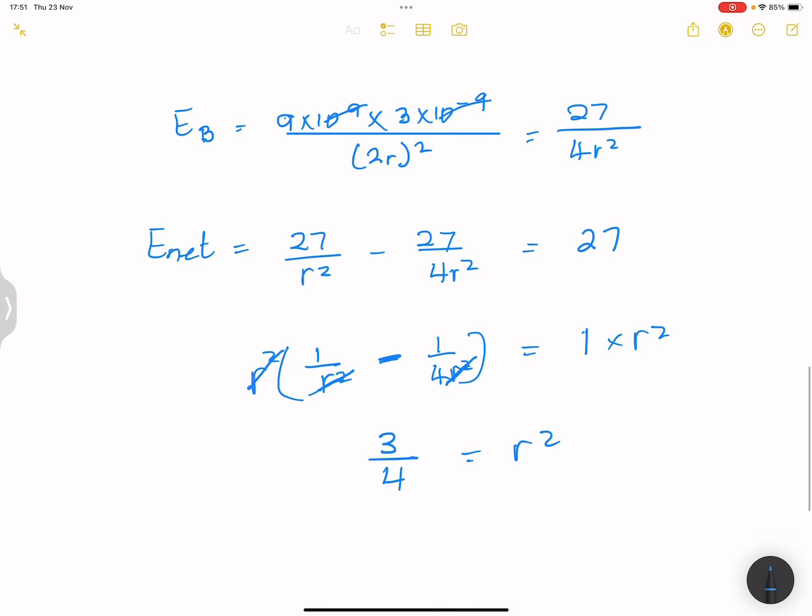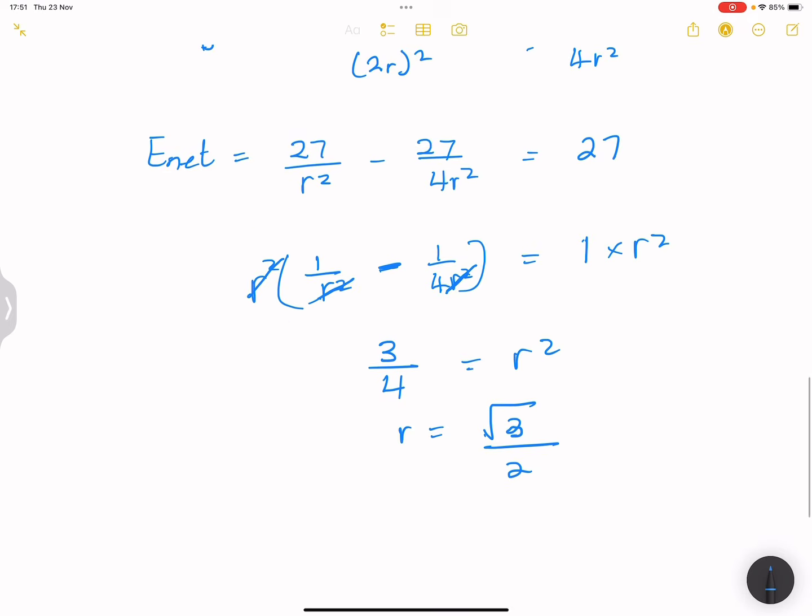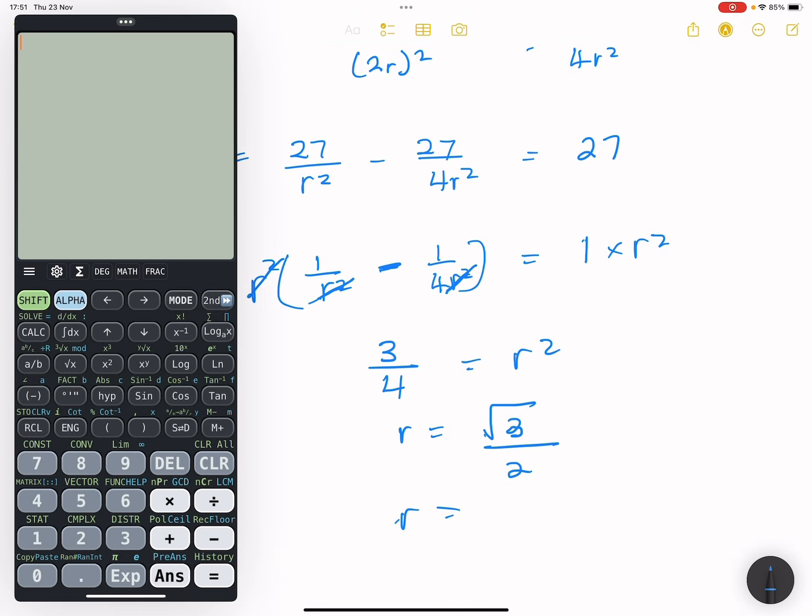And of course, we can take the square root on either side. So that's going to be root 3 over 2, which means that's going to be, I think, 0.7. No, actually that was supposed to be over 4.